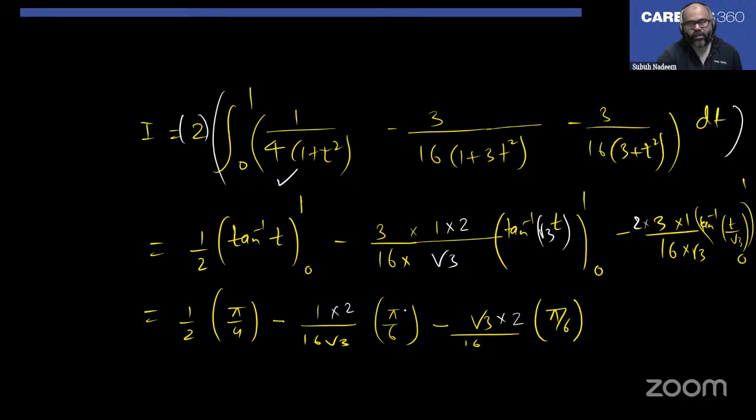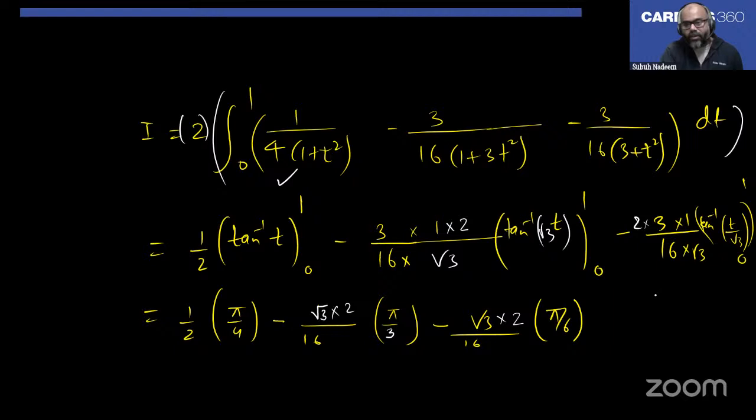So this becomes tan inverse root 3, which will be pi by 3. And here it is root 3.